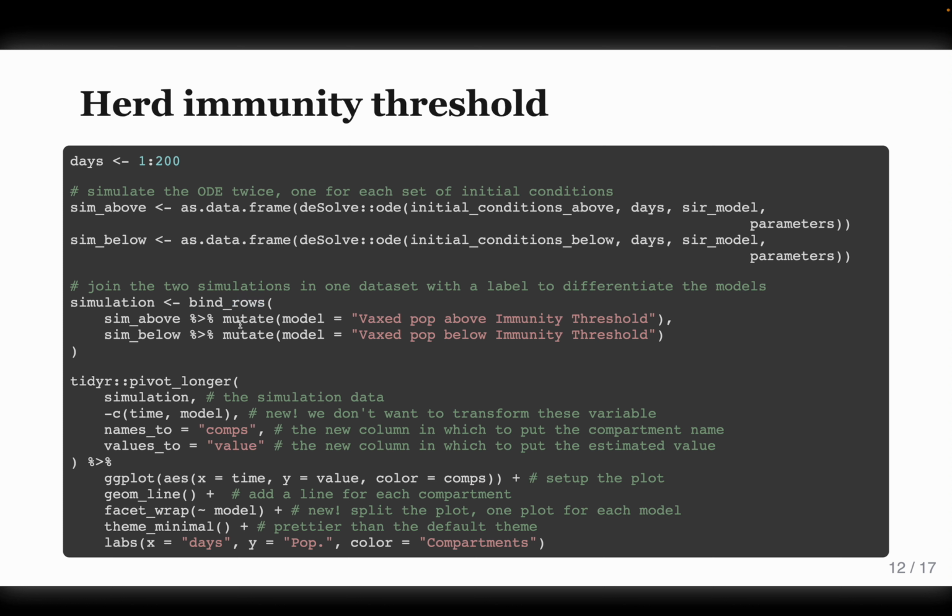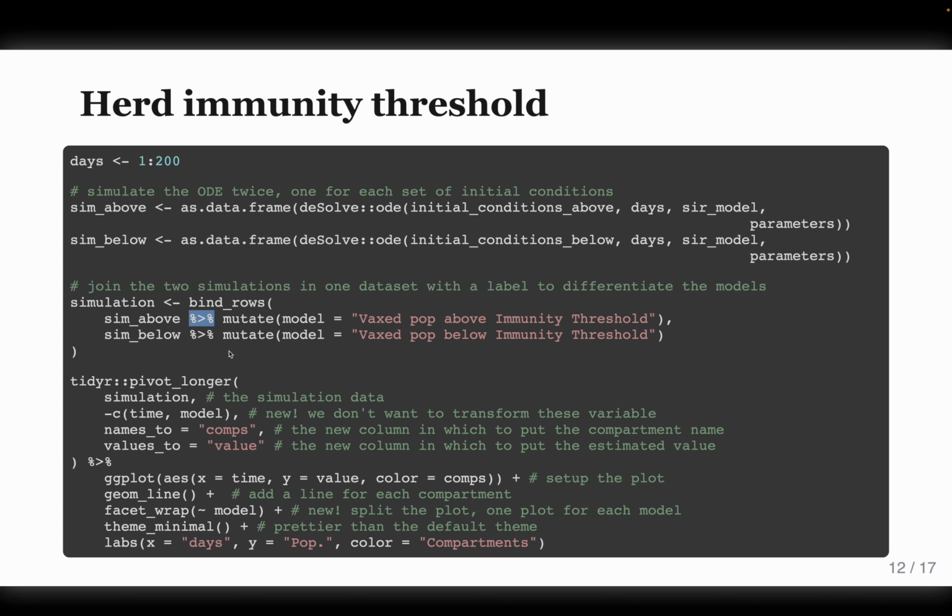We can use the mutate command from dplyr to modify data frames on the fly. Here I used the dplyr version of the piping operator, but we could have also used the native R version. It's just because I'm used to this operator since I have used it for many years.